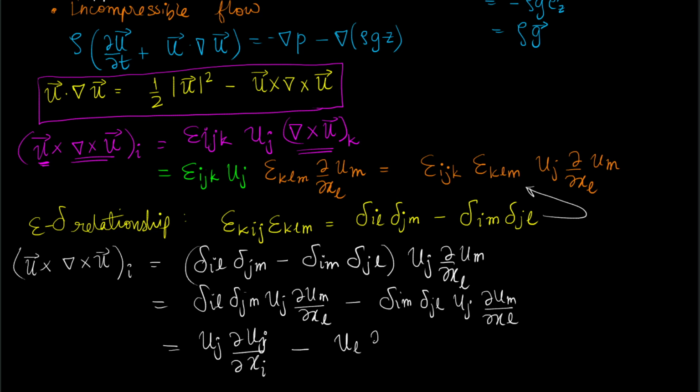So when i equal to m, this term becomes ul del del xl of ui, and this is nothing but del del xi of uj square, but there will be a half. This first term is this, while the second term is ul del ui del xl.